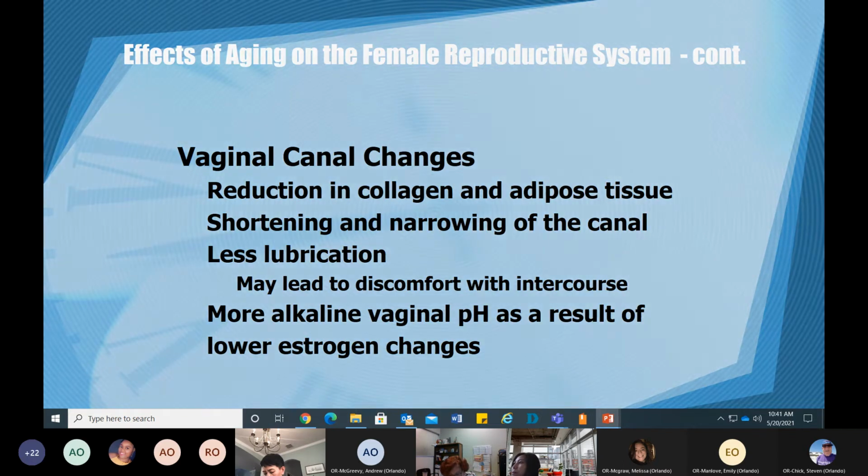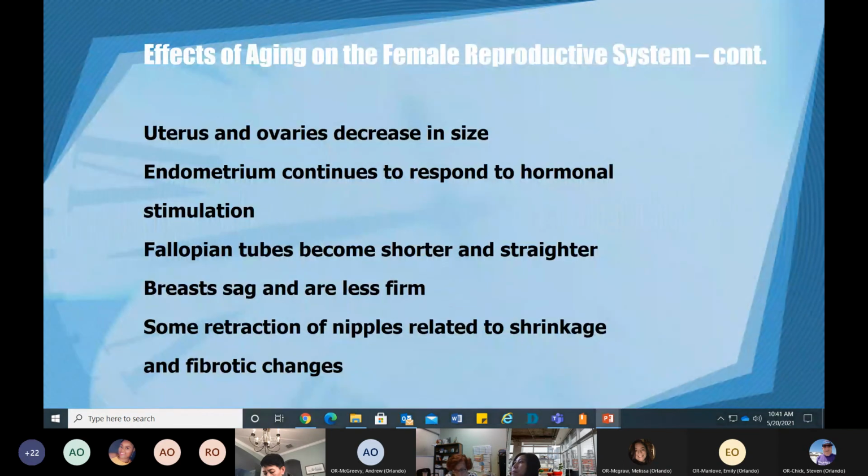The thing to think about is that these are normal changes in our patient. However, satisfying sexual experiences are possible, but because of these issues, maybe a little bit more painful because the vaginal canal has shortened.